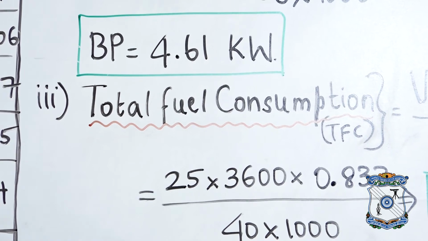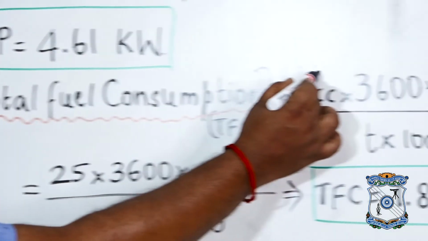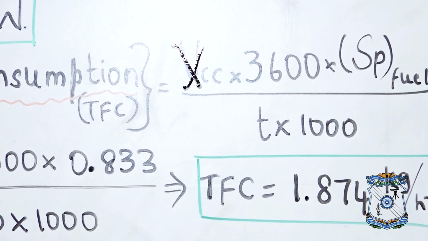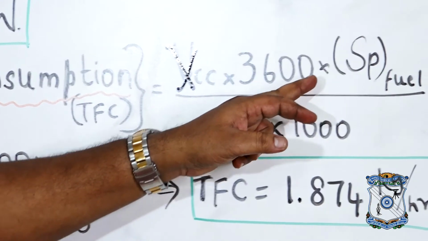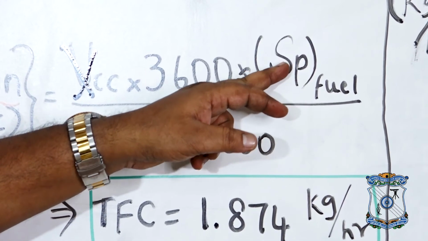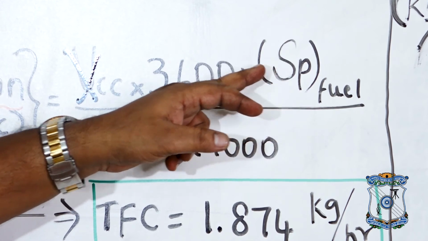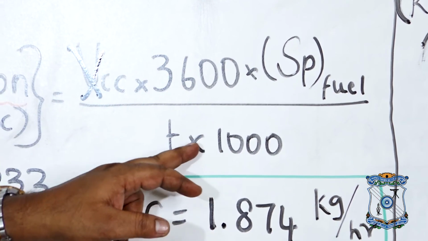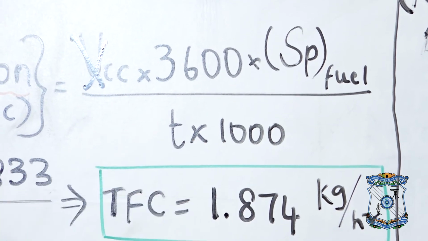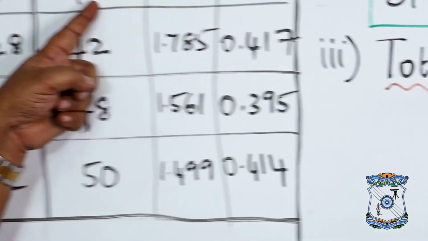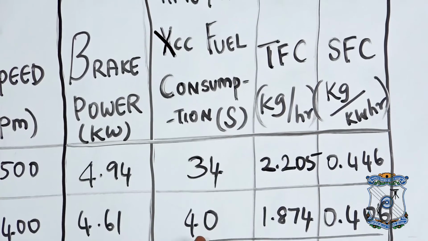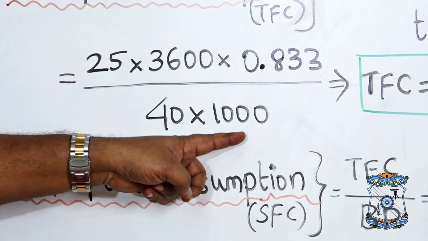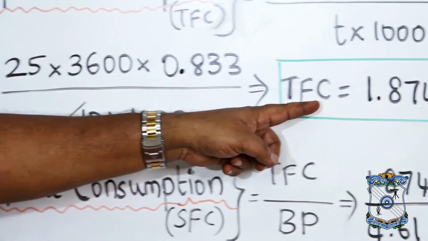Before that, we have to find the total fuel consumption. That is TFC, which is equal to XCC into 3600 into specific gravity of the fuel that is used. For us, diesel is 0.833, divided by T, the time taken. The time taken here for XCC of fuel consumption is 40 seconds, into 1000.